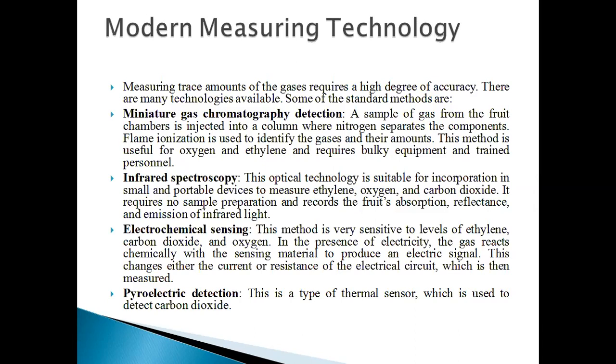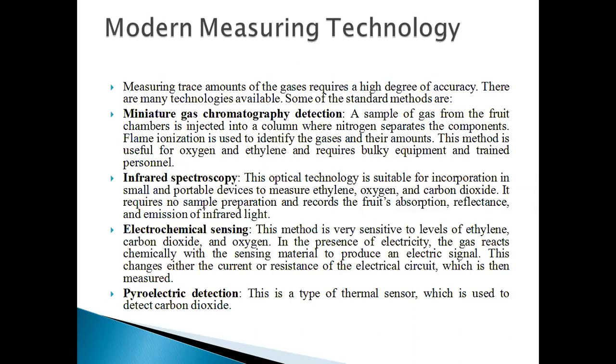Next measurement technique is infrared spectroscopy. This optical technology is suitable for incorporation in small and portable devices to measure ethylene, oxygen, and carbon dioxide. It requires no sample preparation and records the fruit's absorption, reflectance, and emission of infrared light.